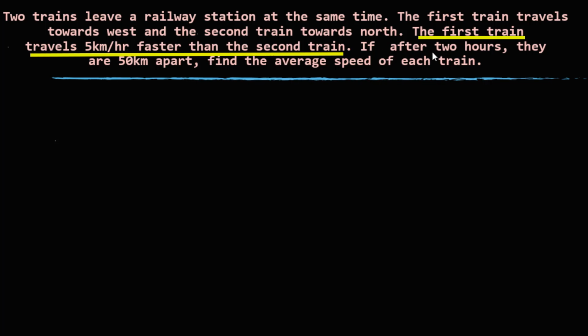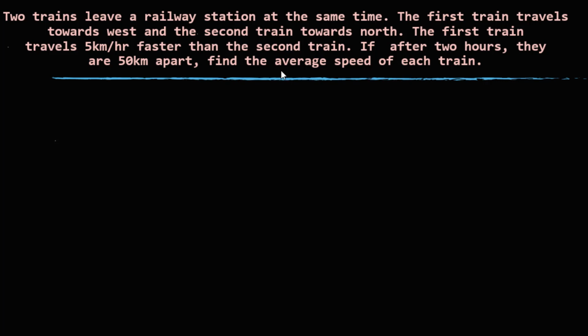And after 2 hours, the two trains are 50 km apart. That means after the completion of 2 hours journey, the distance between the two trains is 50 kilometers. Using this information, we need to find the average speed of each train.